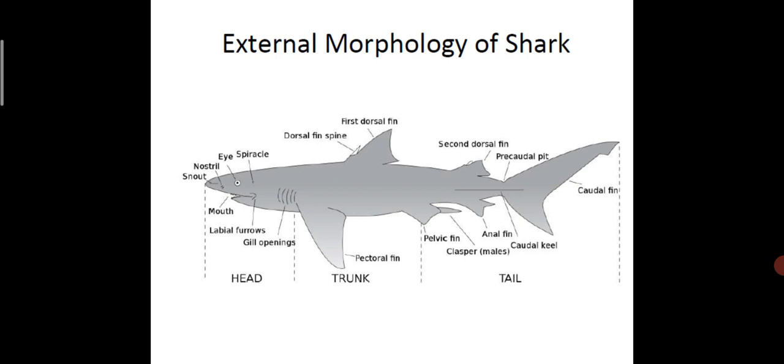In the tail you can see claspers, the caudal keel, caudal fins, and secondary dorsal fins, which are mostly used for different kinds of movement while swimming. The tail bears three fins, namely the posterior dorsal fin, the caudal fin, and a ventral fin. So that is the important external morphology of shark, starting from head, trunk, and tail.